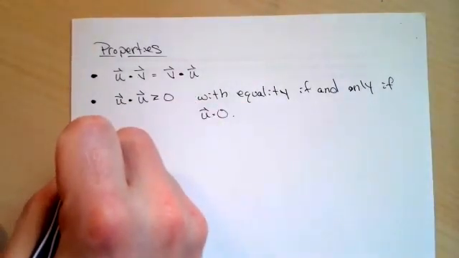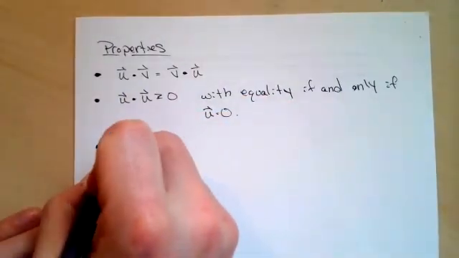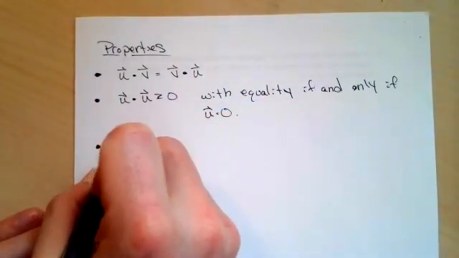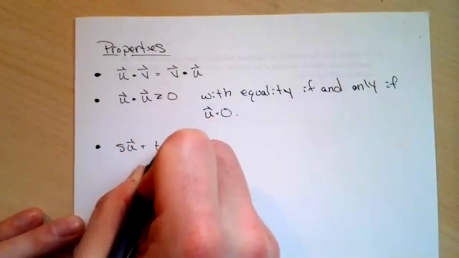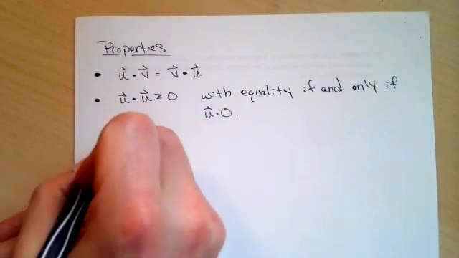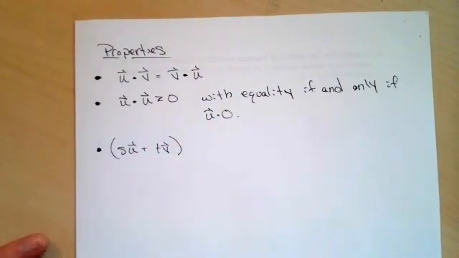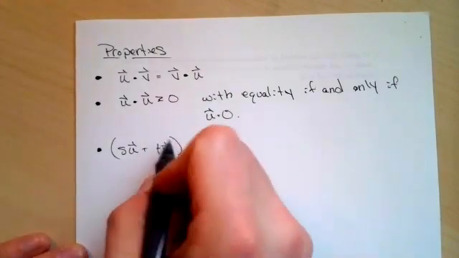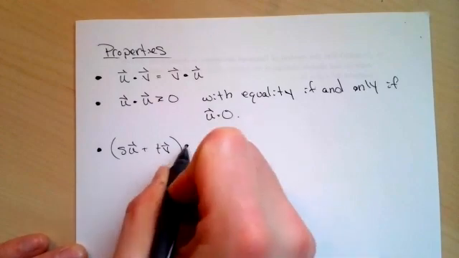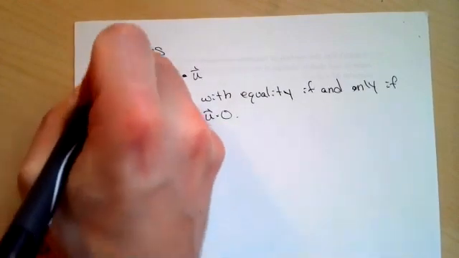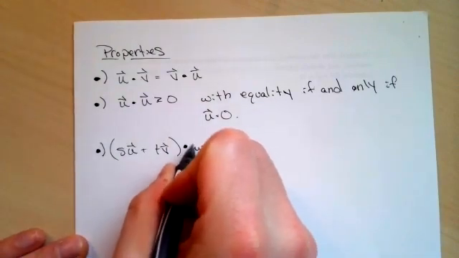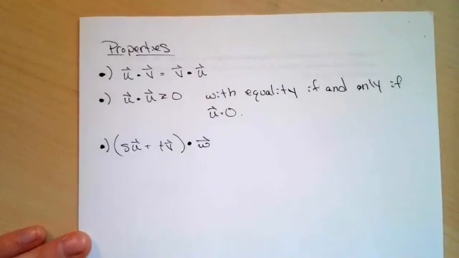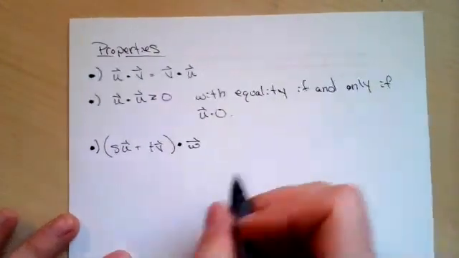This is a multiplication property, so we want to understand how it works with addition and scalar multiplication. So if we have a linear combination of two vectors, s times u plus t times v, and now we are trying to compute a dot product with a third vector, w, we need a sense of distributive law with all of this.